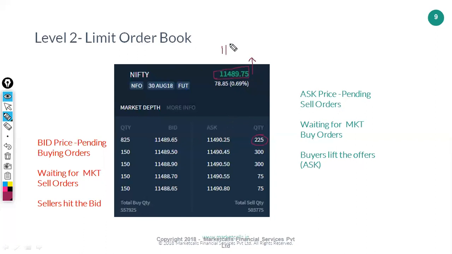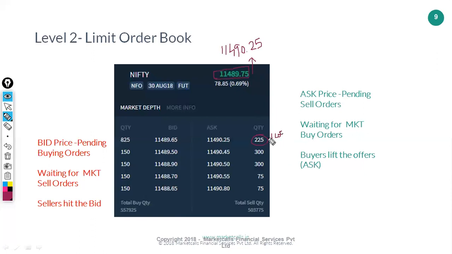So who has the real control over here? The one punching the market order has the real control to push the market from 11,489.75 to 11,490.25. Right? I'll be moving the market by 50 paise if I punch only one lot. If I want to push the market further, I have to punch not one lot but, let's say, 18 lots.